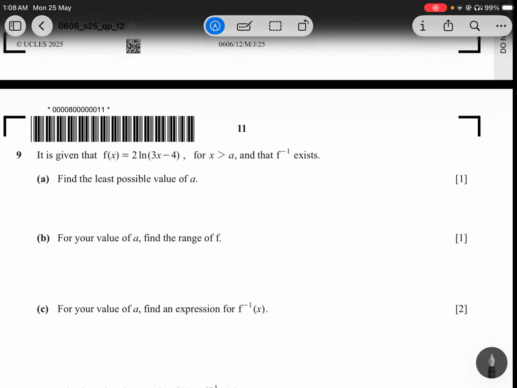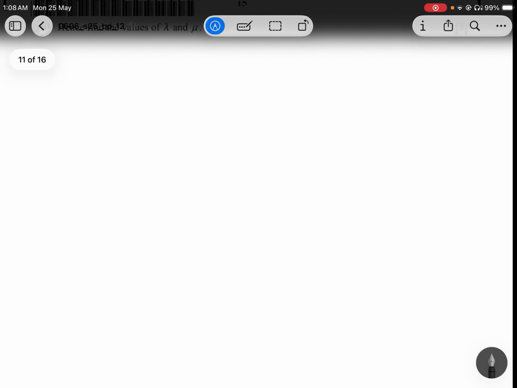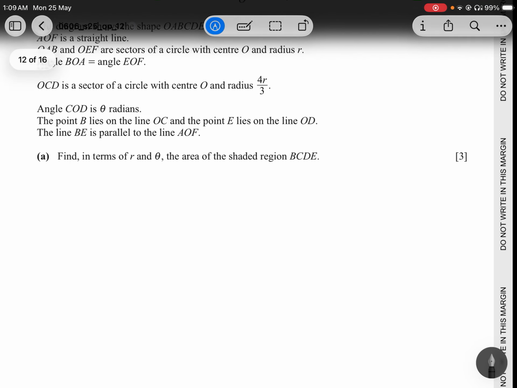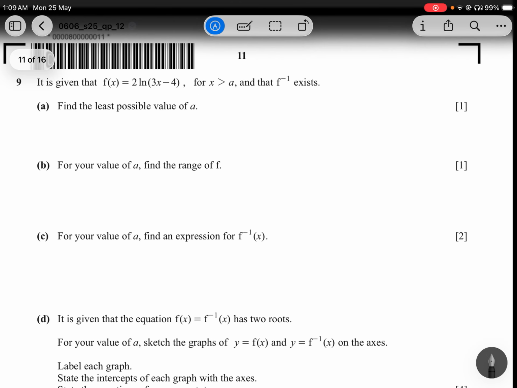Now question number 9. It is given that f of x exists. Find the least possible value of a. x is greater than a, right? So ln should be positive. So 3x minus 4 greater than 0. x is greater than 4 by 3. Yeah, so a is 4 by 3.